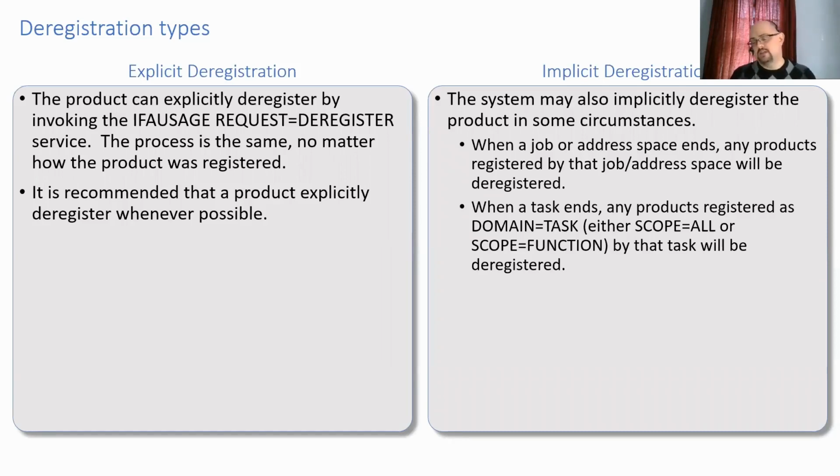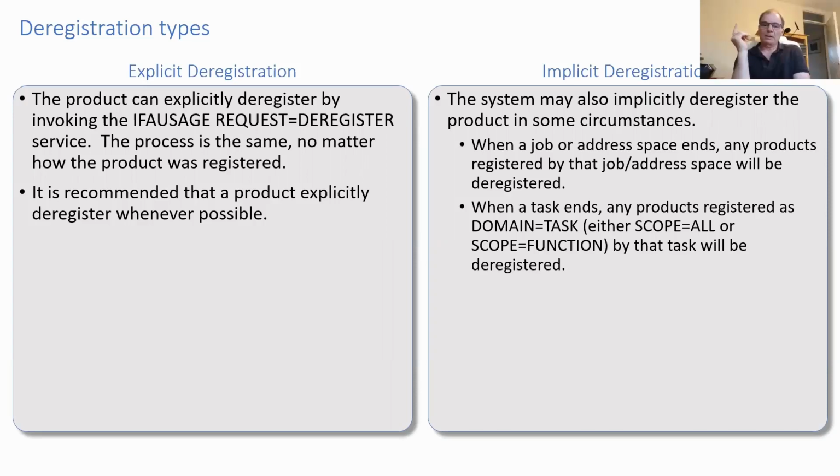We really recommend that the product do this whenever possible. But there's also something called implicit deregistration, where the system is going to deregister the product on the product's behalf. When the job or address space ends, any products that were registered by that job or address space are going to be deregistered. Likewise, if a task ends, any products that were registered as domain equals task by that task, whether it's scope all or scope function, we're going to deregister those products for you as well.